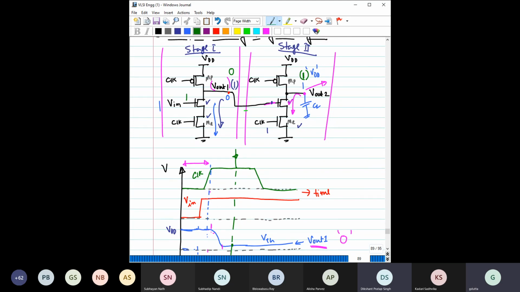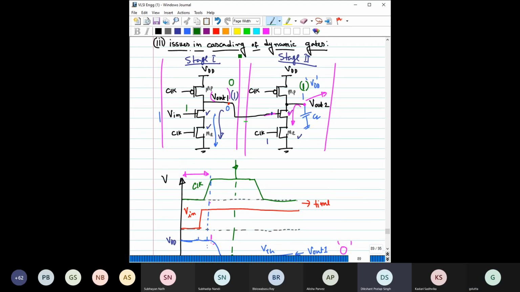Those issues will come if we cascade this dynamic logic like this. Sir, if we arbitrarily increase the value of CL, then the discharging time increases. Then can that issue be solved?